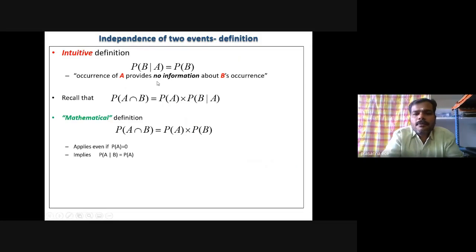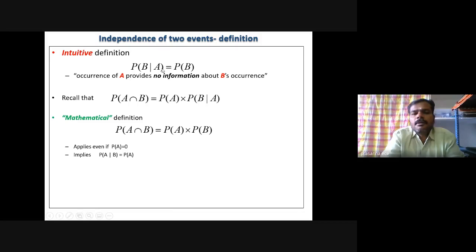From the previous example, we can give an intuitive definition of independence. That is, P of B given A equals P of B. That is, the occurrence of an event A does not provide any information about the occurrence of another event B. Then those two events are called independent events.